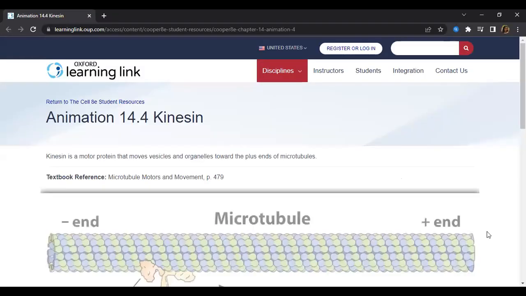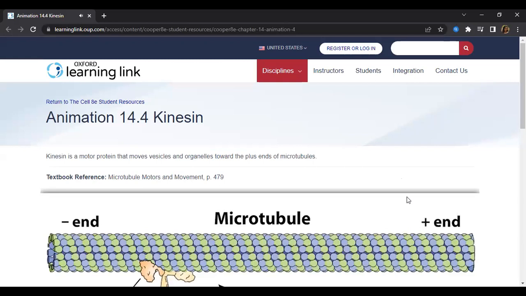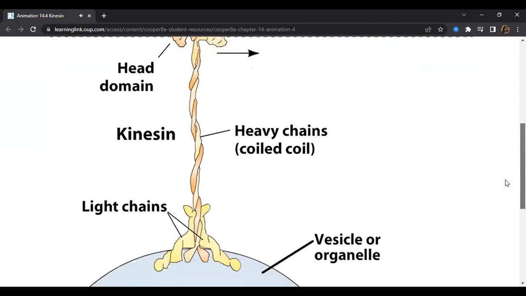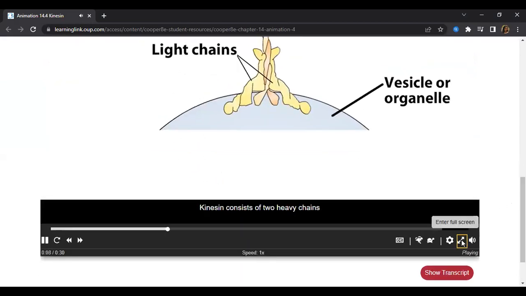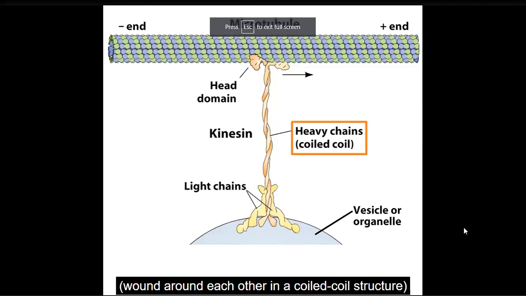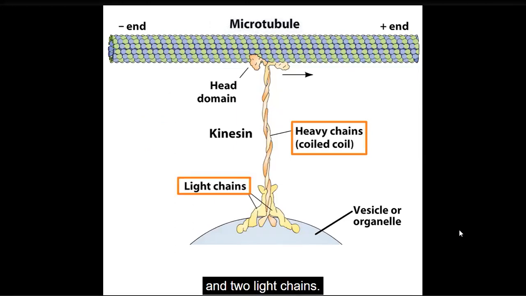Kinesin is a motor protein that moves vesicles or organelles toward the plus ends of microtubules. Kinesin consists of two heavy chains wound around each other in a coiled coil structure and two light chains.